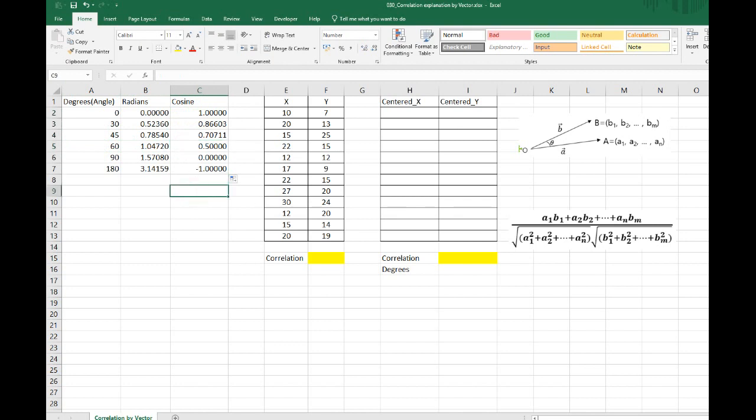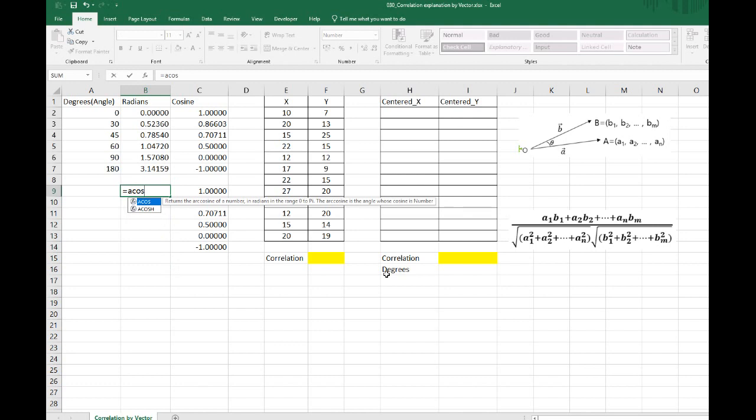And also we can get degrees from the cosine theta value. So let's take this one, and copy and paste. Let's get radians first from cosine theta. In this case, we can use the arc cosine, ACOS function.